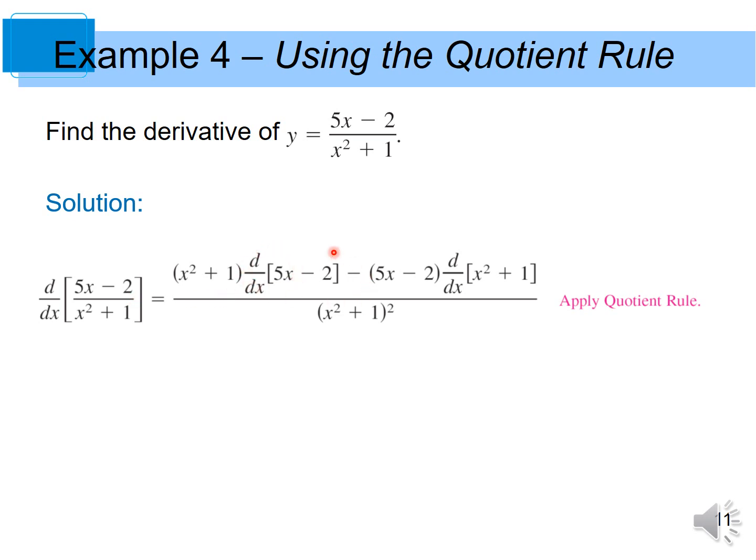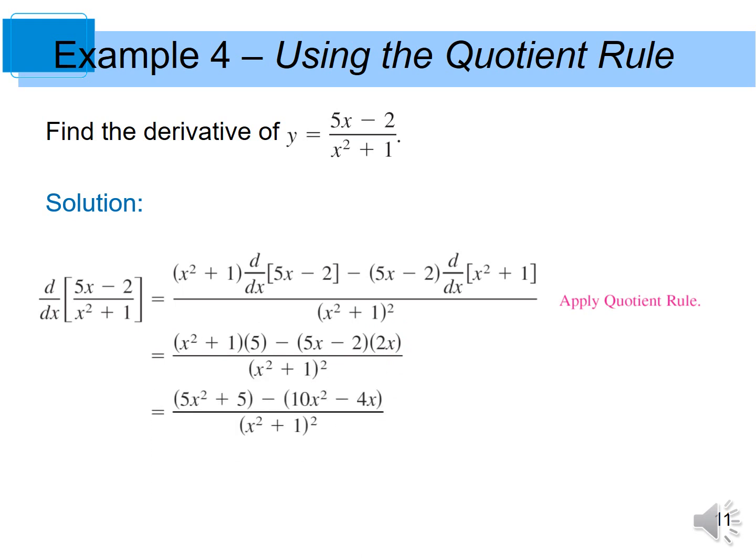This is the first derivative of the first function multiplied by the second function, minus we differentiate the second function multiplied by the first function, divided by the second function squared. We simplify our answer, and you get the simplest answer.